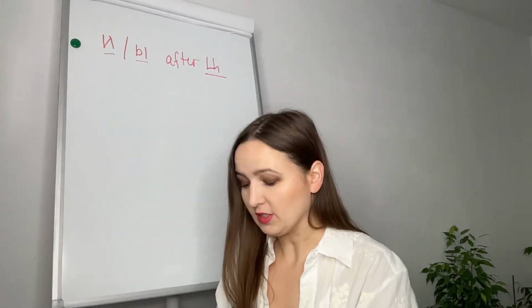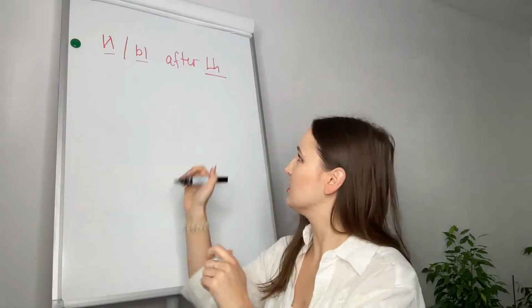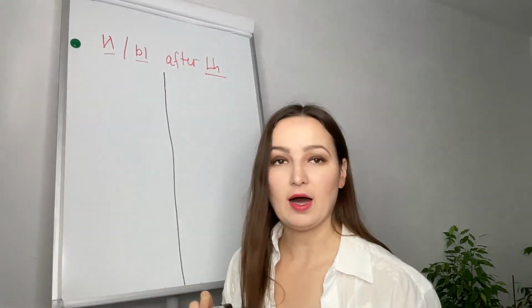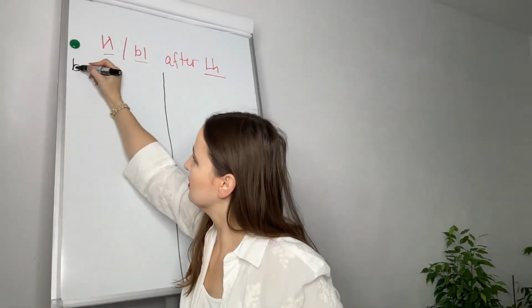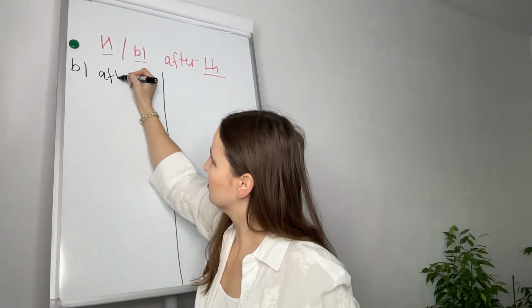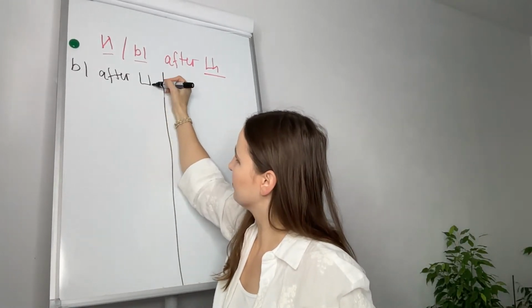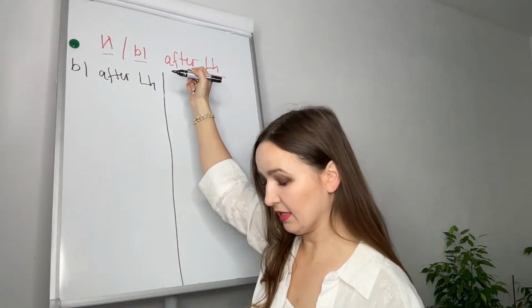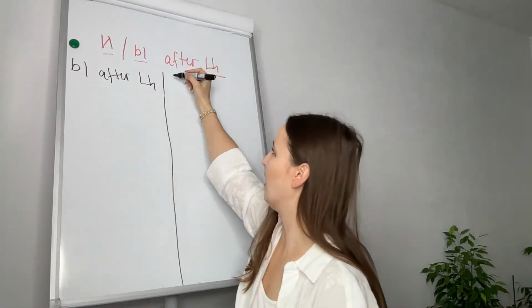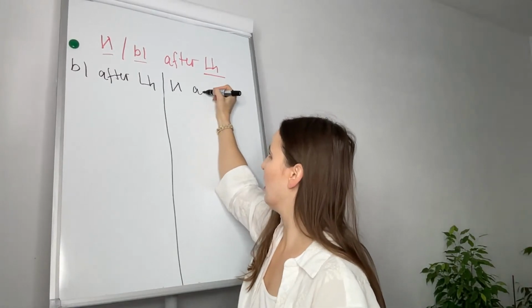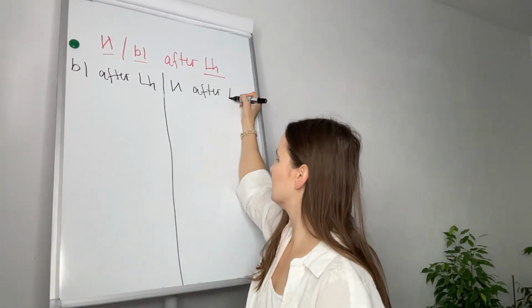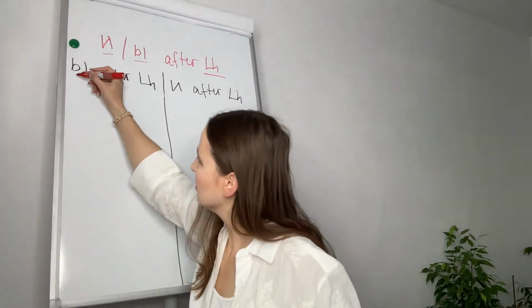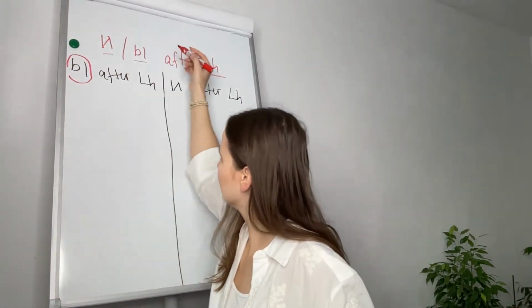So, after the letter Ц, when do we use Ы? Here we will have Ы after Ц, and here we will have И after Ц.